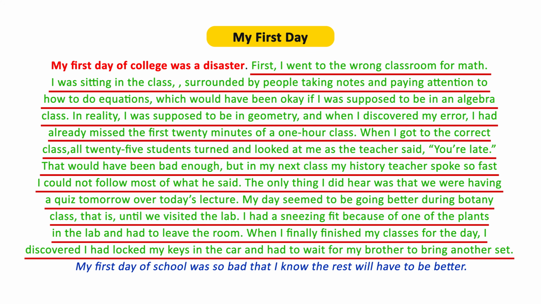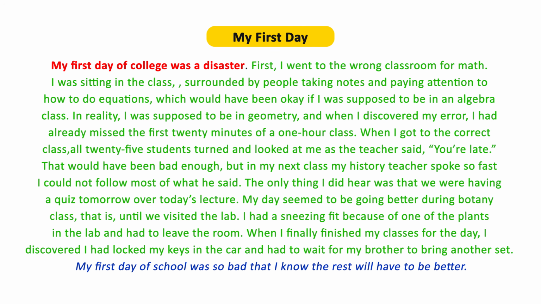And the last part of the paragraph is the concluding sentence, as the last sentence, in blue. "My first day of school was so bad that I know the rest will have to be better." So the concluding sentence wraps up and also summarizes the point of the paragraph.